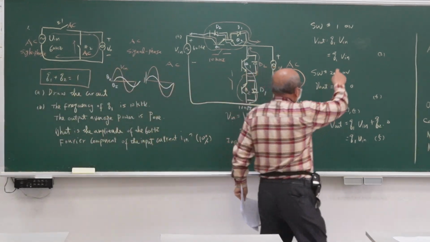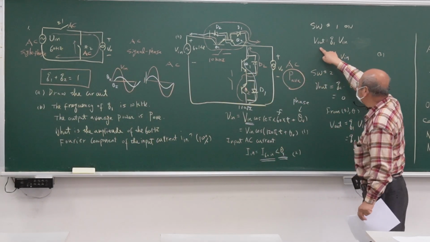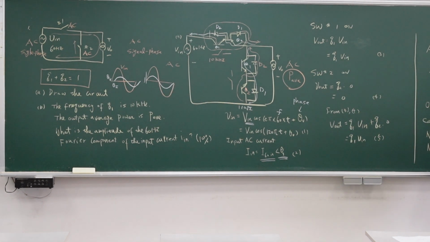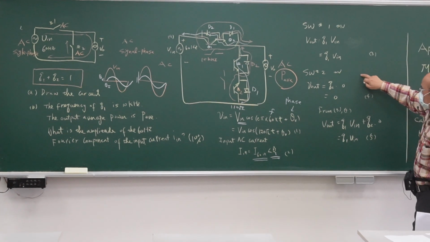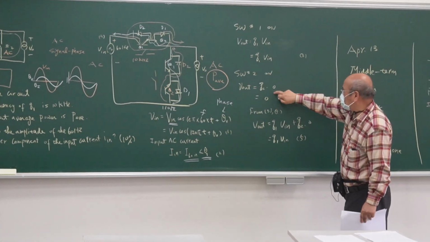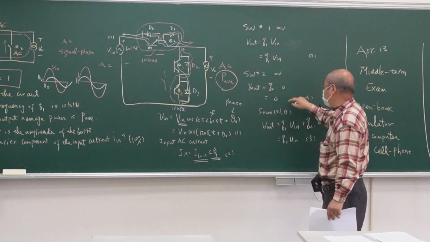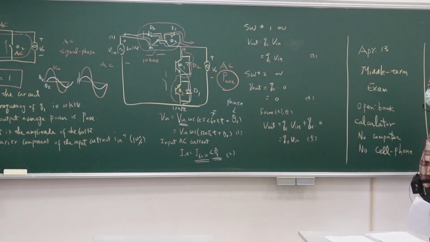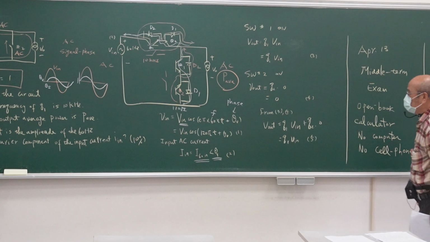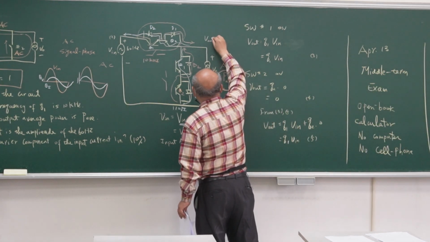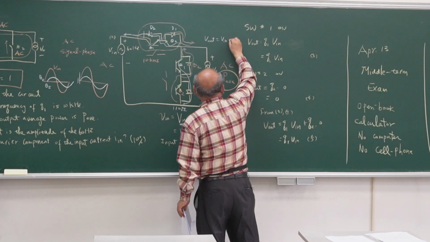So if switch 1 is on, what is the output? The output is V in multiplied by Q1. If switch 2 turns on, then what happens? The output is Q2 multiplied by 0. So from equation 3 and equation 4, we can write the output as V in Q1 plus 0 times Q2. If Q1 is 1, then the output is V in.